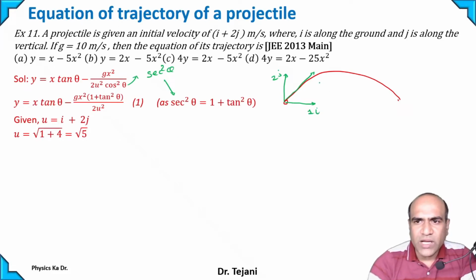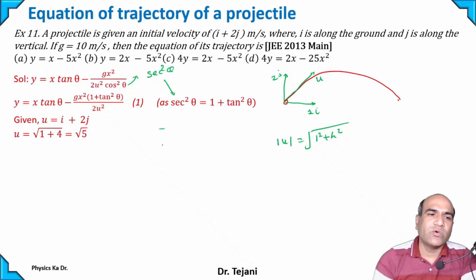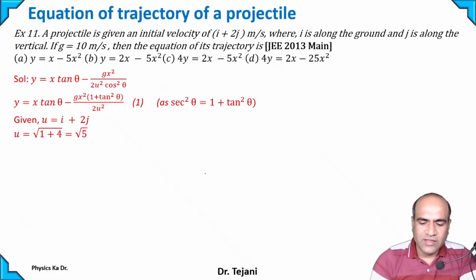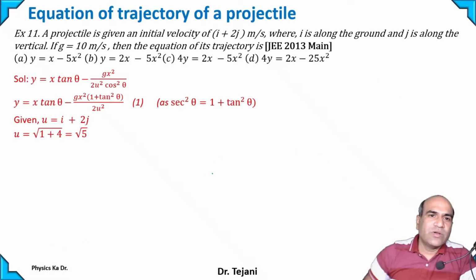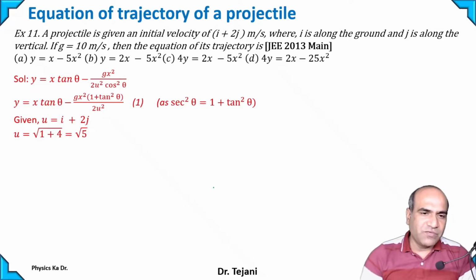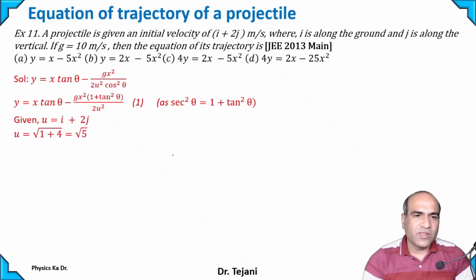And if you want to find the initial velocity, we know that mod u is equal to the components, so square root of 1 square plus 2 square is equal to root 5. Now we got the initial velocity. So u is equal to root 5, and in this equation we need u square, so it becomes 5.